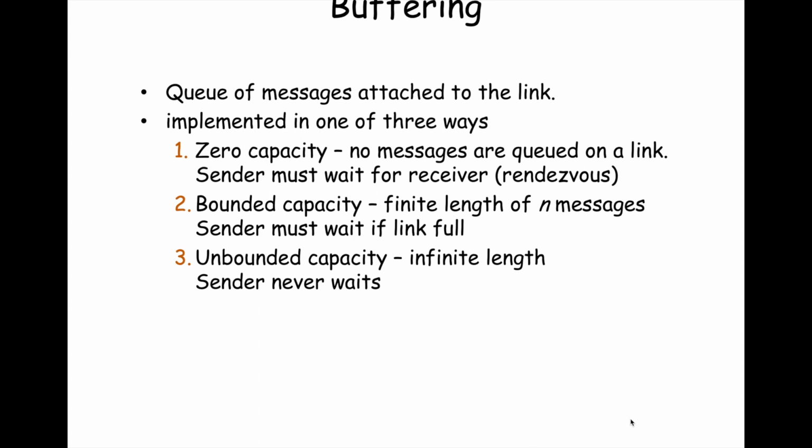Making no choice is also a choice. And if you have a zero capacity buffer, that means that both processes have to be active and running in order to communicate because there's no place else to store the message. So both have to be active on the respective sides of the link to actually physically pass this message and receive this message.